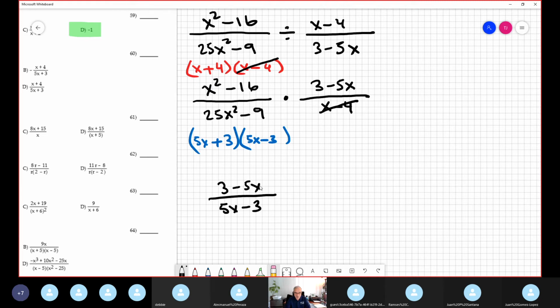Do you see they look similar, right? But they have totally opposite signs. On top, 3 is positive; on the bottom, 3 is negative. On top, 5x is negative; on the bottom, 5x is positive. When this happens, they are family, but not twins.